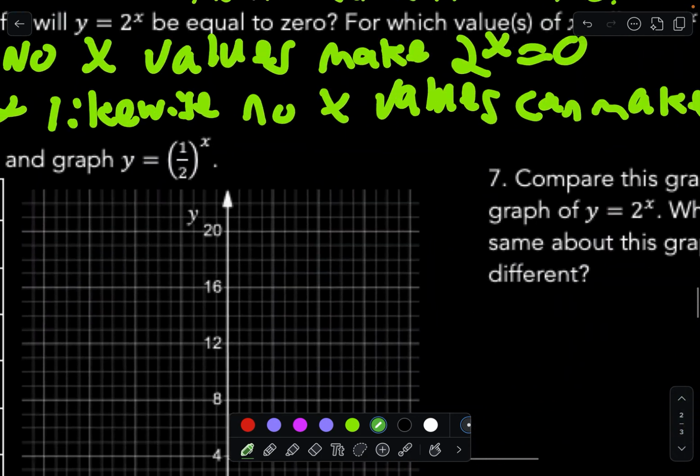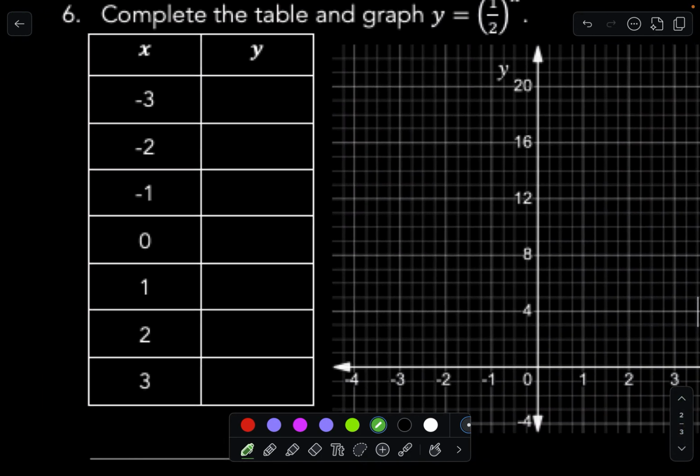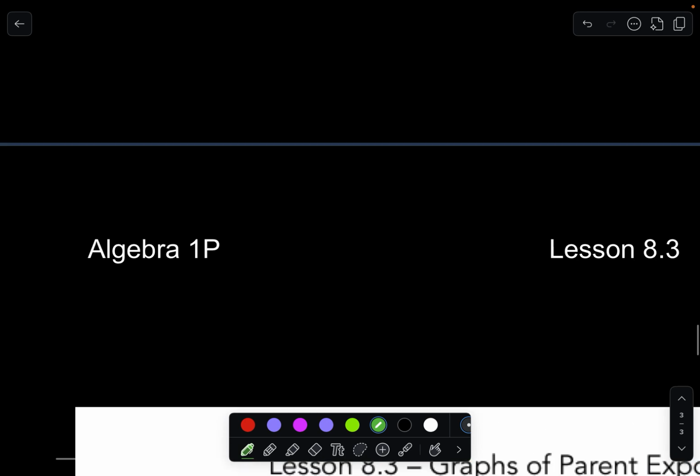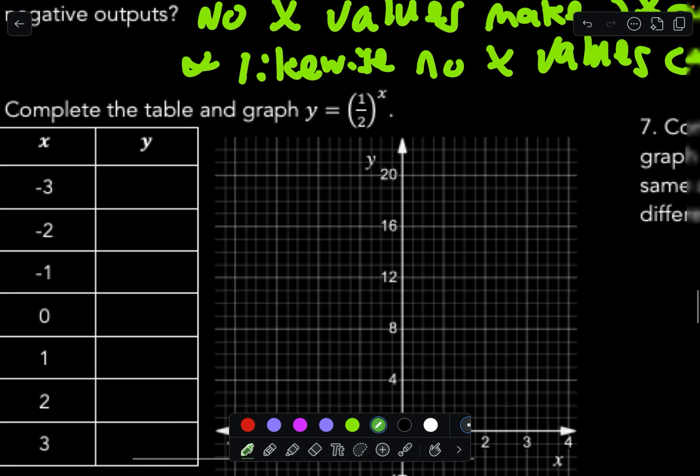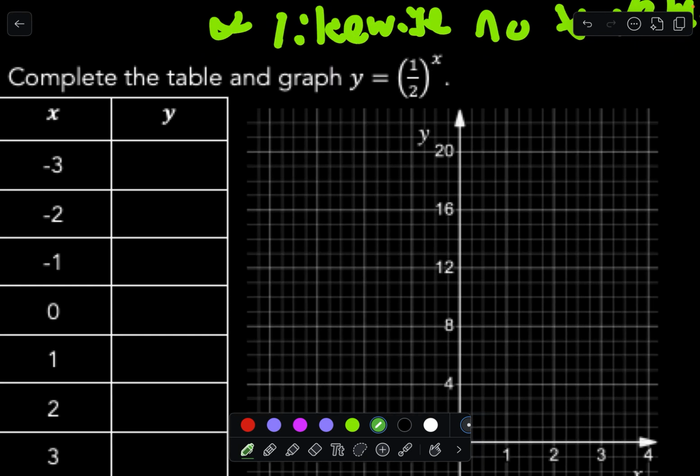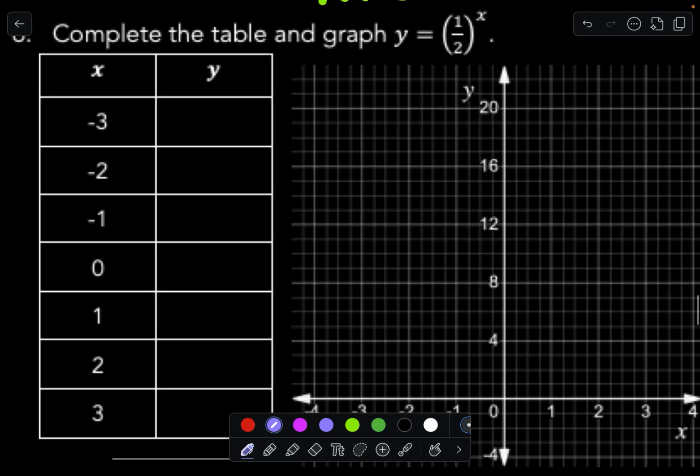Now, we're going to do a similar thing for question 6, except now, do you notice the base is 1/2? So, let's do it in blue. Let's start with 0.